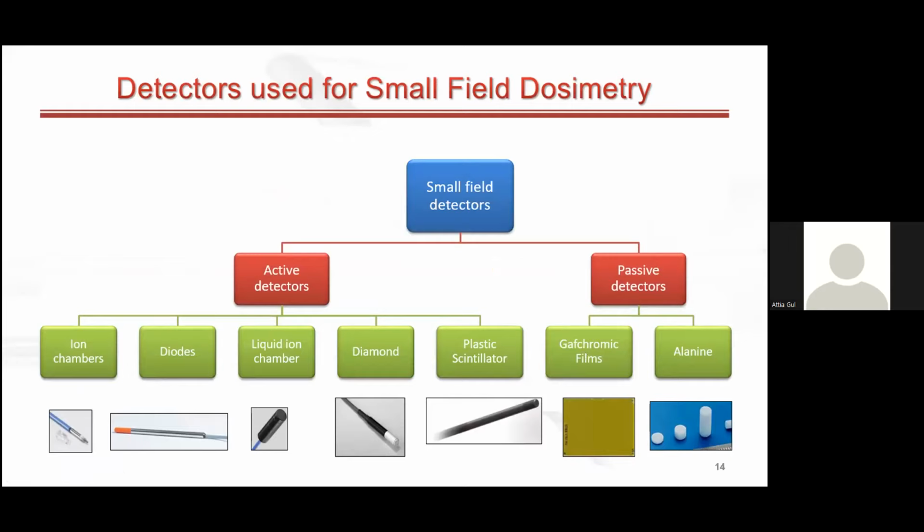These are sort of gold standard detectors which do not require any correction or any calibration factors, etc. And active detectors, of course, we all prefer using active detectors because they are easy to use and they give us online readings. And these include our ion chambers, diodes, liquid ion chamber that is no more commercially available, diamond detector, very expensive, and plastic scintillators.